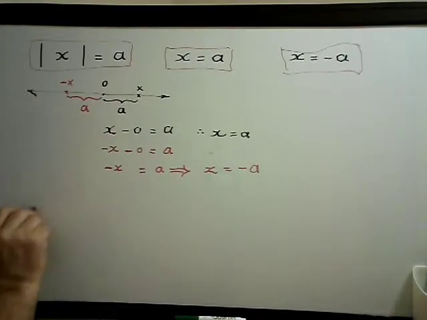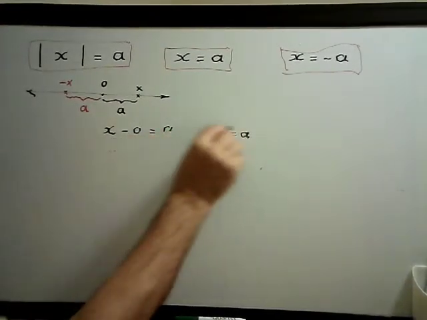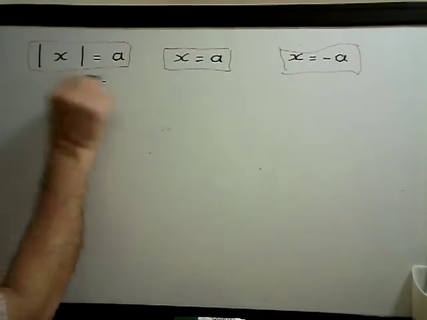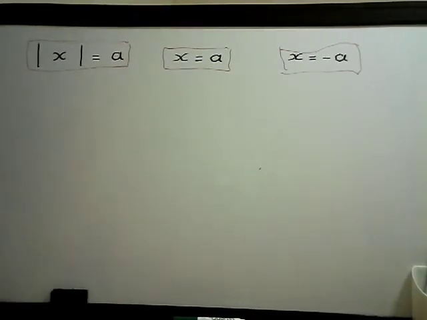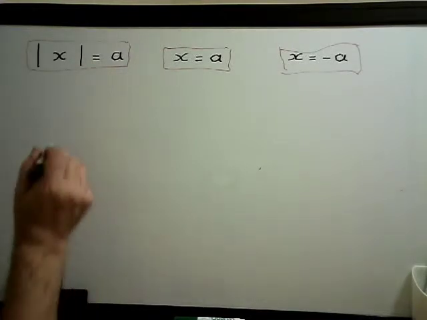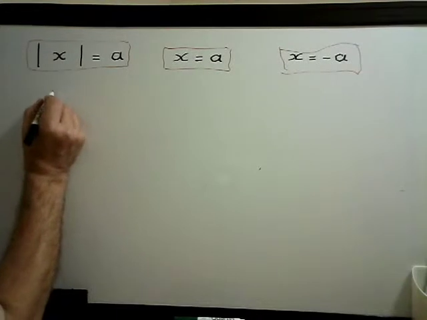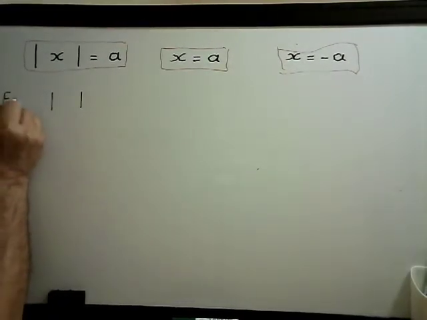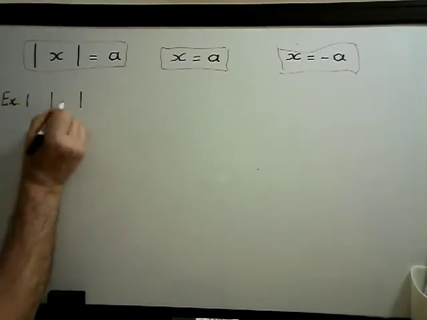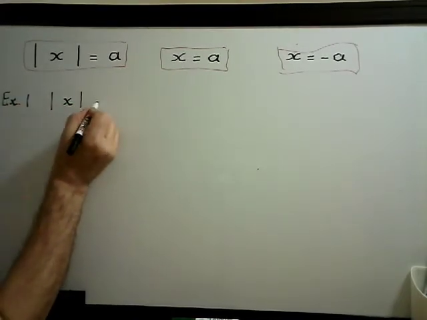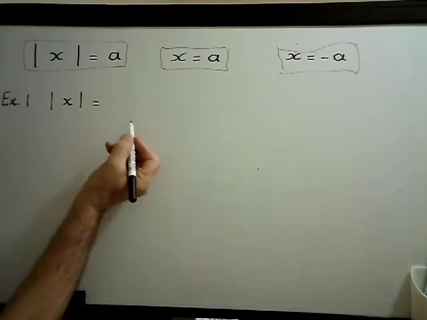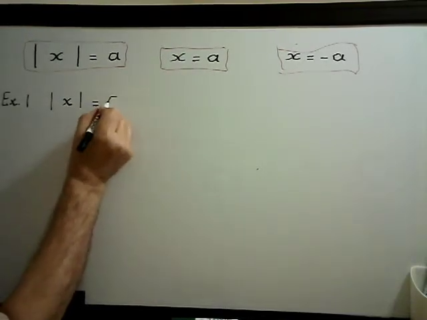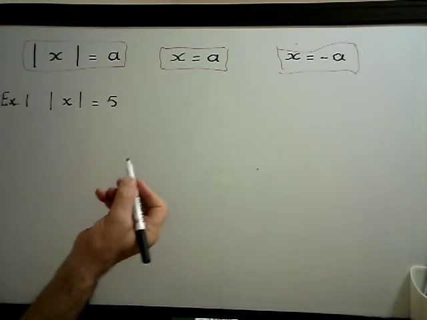Let us give an example. Consider absolute value example 1. Absolute value of x is equal 5. That's simple.